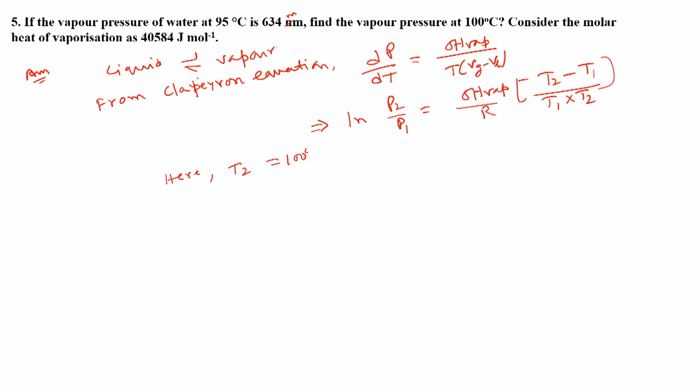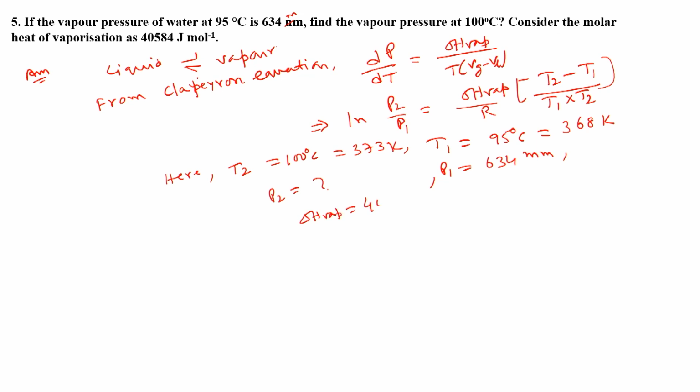So, here T2 is 100 degrees Celsius, so 373 Kelvin. T1 is 95 degrees Celsius, means 368 Kelvin, right, and P1 is given. P1 is 634 millimeter of Hg, and then P2 we need to calculate. Another thing given is delta H vaporization, 40584 joules per mole.